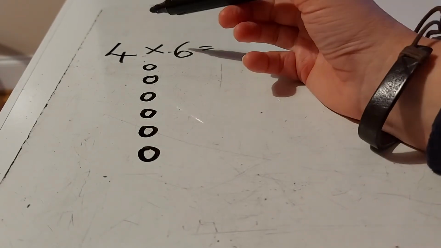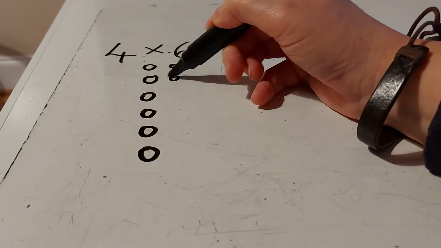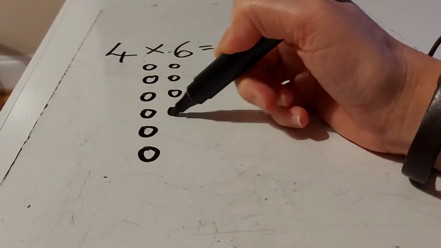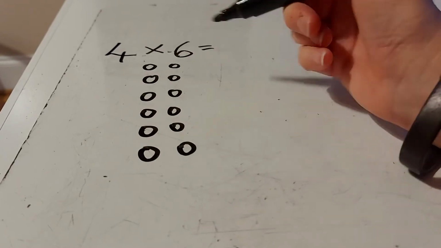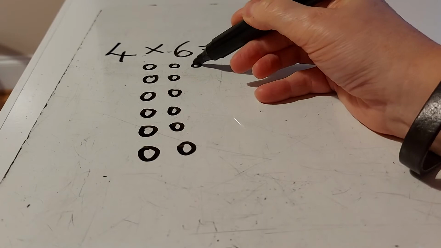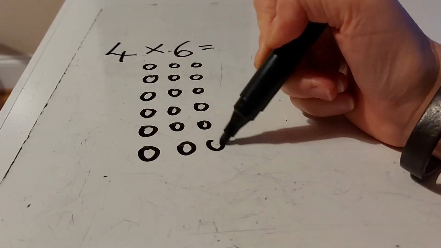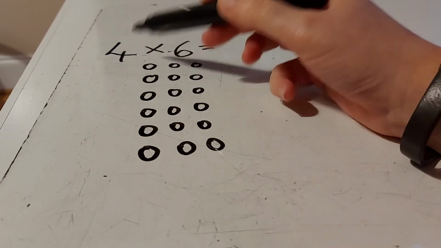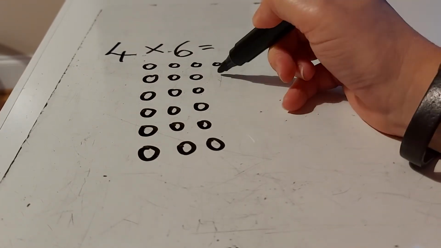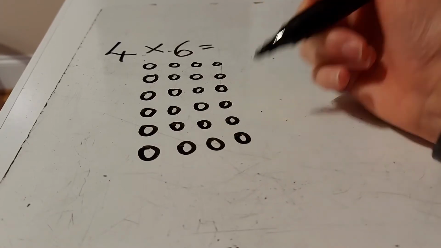Now I know that I want 4 lots of 6, so I'm going to draw another lot of 6. Okay, so far I've got 2 lots of 6. I'm going to draw another lot of 6. And finally, because I want 4 lots of 6, I'm going to do my last group or lot of 6, okay?